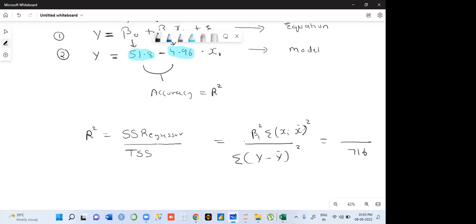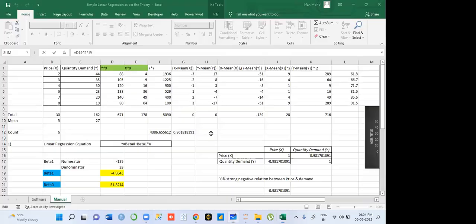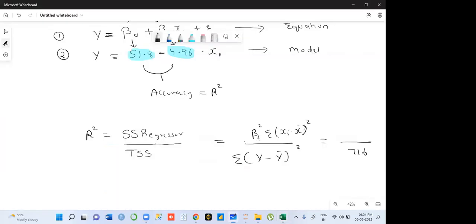Already you have solved this: the sum of X i minus X bar square. Just multiply with beta. How much?